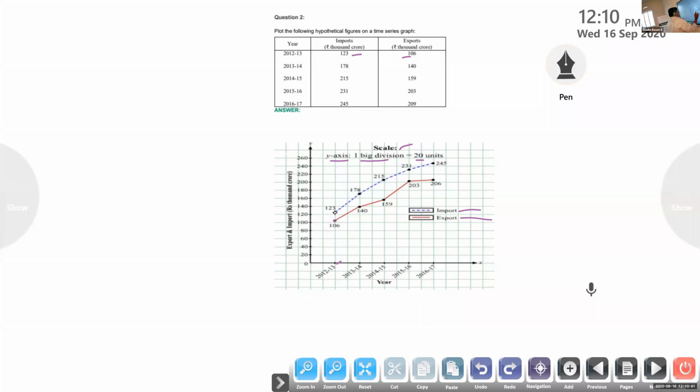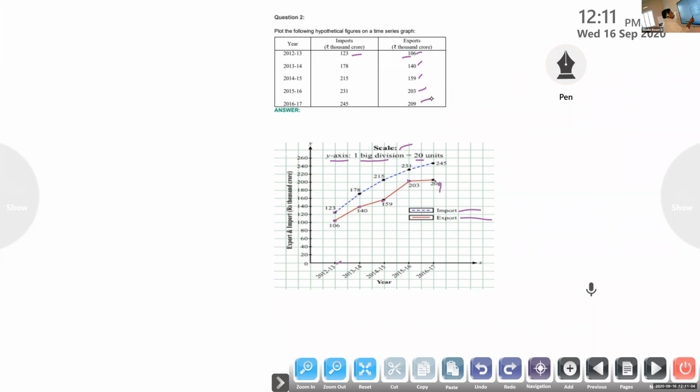So first we are going to complete export: 106, then 2013-14 it is 140, 2014-15 it is 159, 2015-16 it is 203, and 2016-17 it is 206, not 9. That's what the data says here.